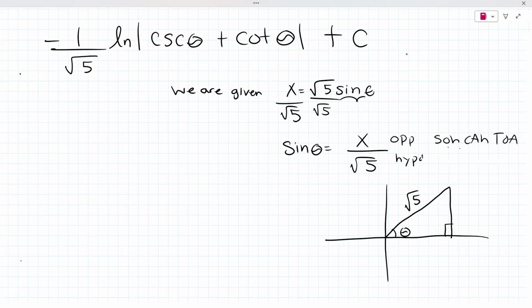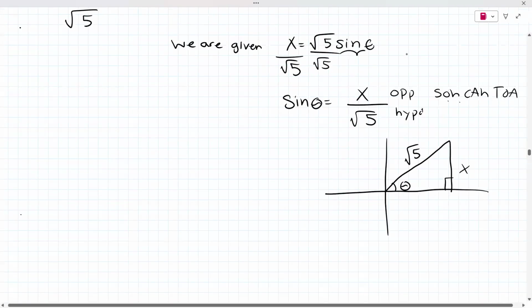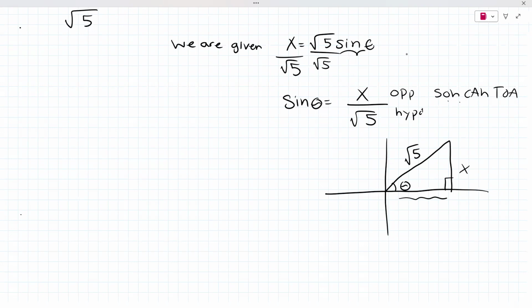The opposite side would be here. And we have to find this missing leg by using the Pythagorean theorem. So a squared plus b squared equals c squared. A, I don't know what that is. B could be x squared.